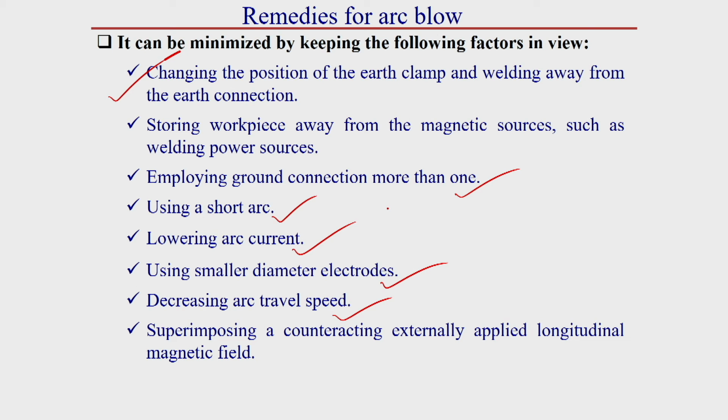And the last point we can say, superimposing a counteracting externally applied longitudinal magnetic field, by superimposing this also we can minimize the arc blow. So, these are the different factors. If we keep these in mind, then we can minimize the arc blow a lot.